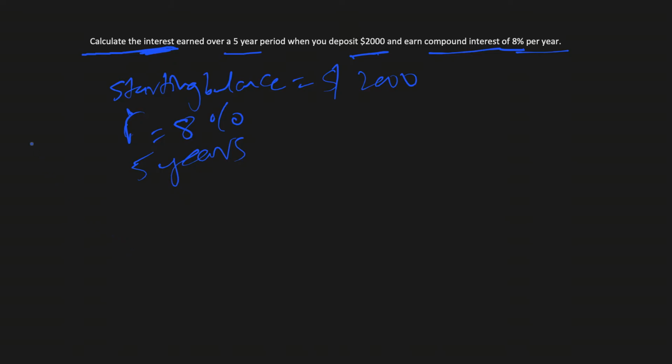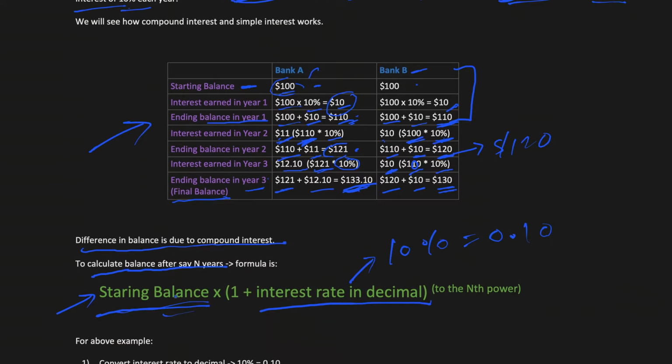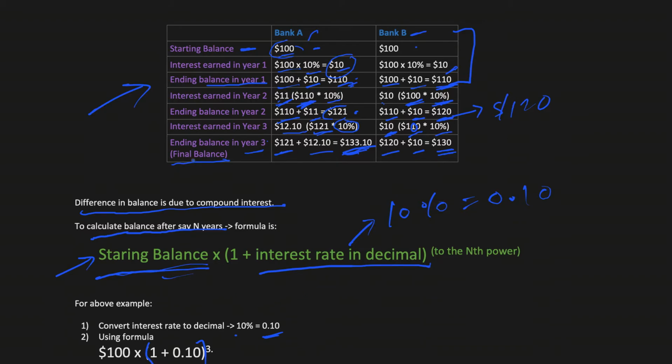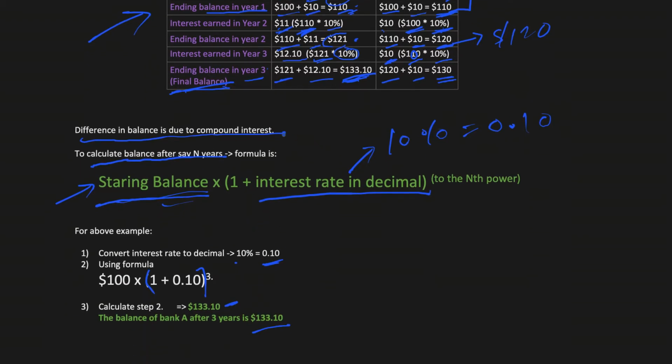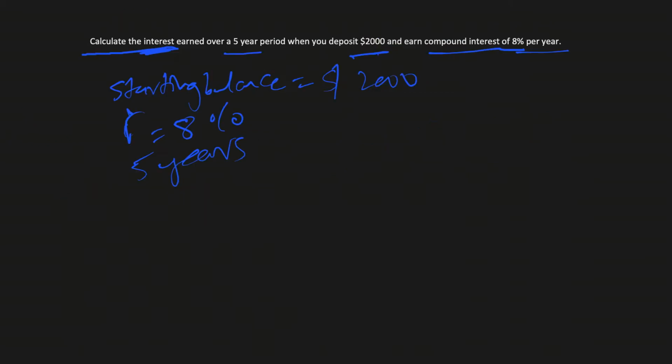Now, going back to this formula, which is starting balance times 1 plus interest rate to the nth power, this will help us calculate what the final balance is. Going back to the same example, the final balance was $133.10, which was same as this. We'll use the same formula and calculate what our final balance is first, and then we'll calculate the interest. So step 1 is convert 8% to decimal.